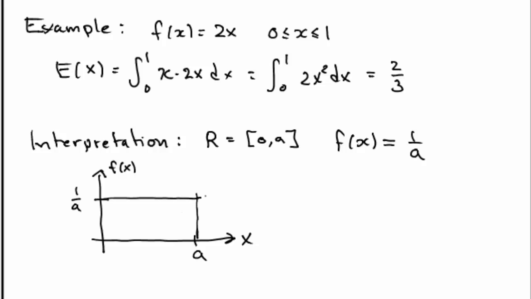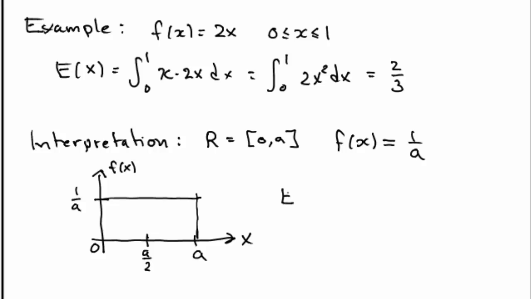We see that the integral of f of x is 1 over a times a, which is 1, which is supposed to be. In this case, when all the x's are equally likely, then the expected value of x is simply the average of all the x's in this interval 0 to a, or right at the middle of this interval, a half. That will be the expected value of this random variable.